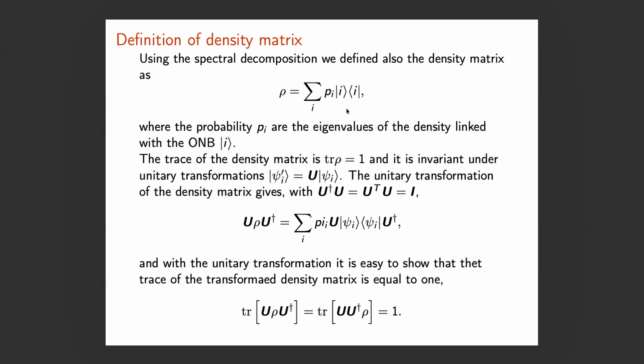And the density matrix, which we normally write like a rho here, has a spectral decomposition where we have this eigenbasis, and p is just the probabilities of being in one of the specific states. An important aspect is that the trace of the density matrix is 1. The trace of the density matrix squared is 1 if you have a pure state.